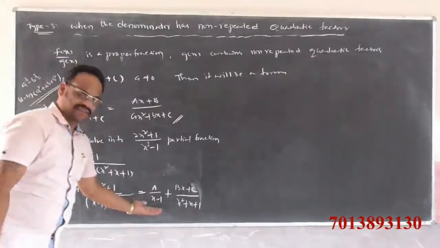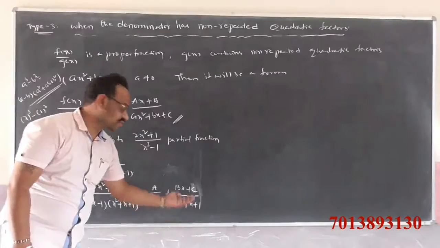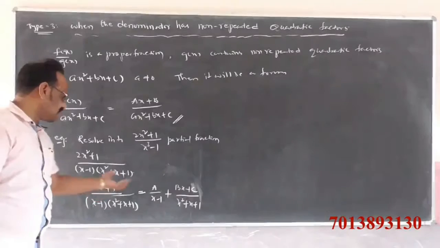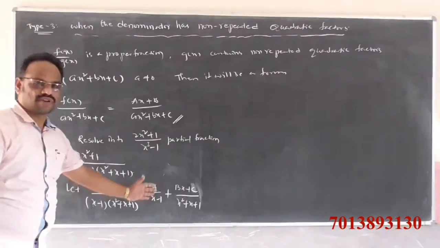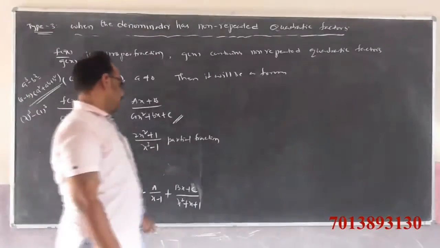If it has linear factors, we write constants. If it has quadratic factors, we write linear factors. So this proper fraction can be converted into a by x minus 1 plus bx plus c by x square plus x plus 1.